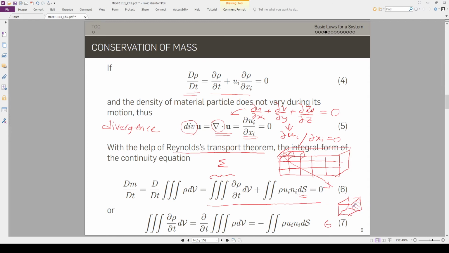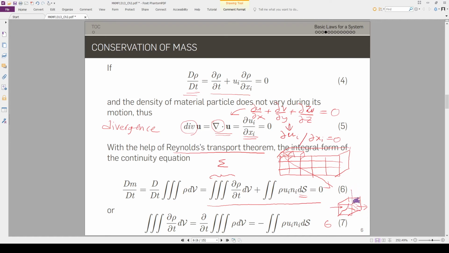So the mass balance between the flux passing through these two control surfaces in the x direction should be in balance.